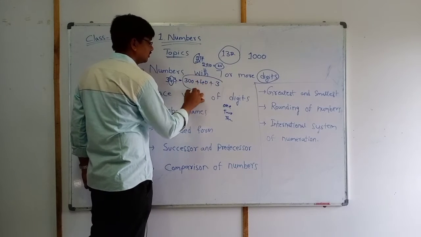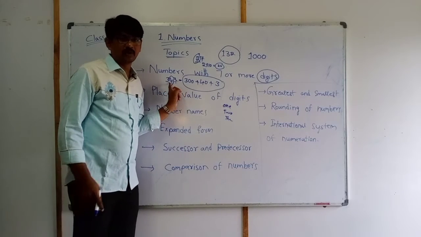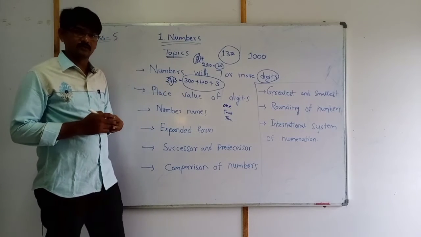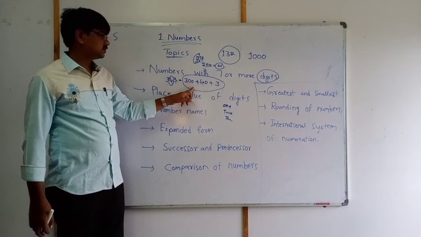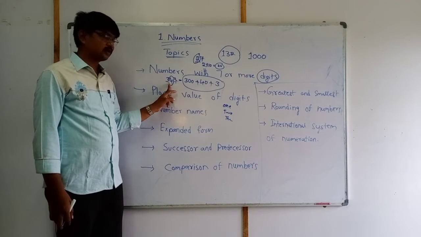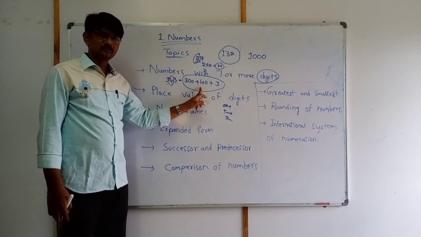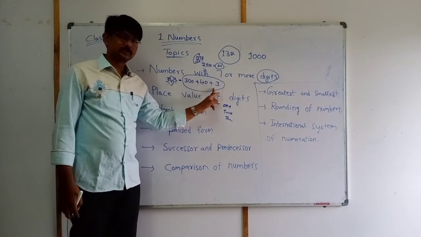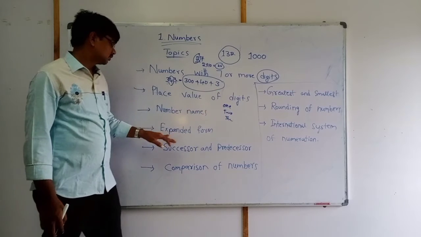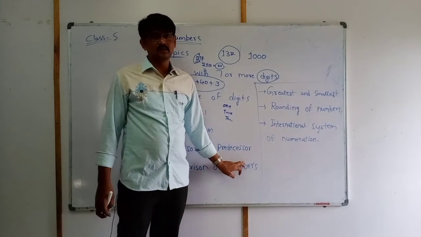This is called expanded form. This is called short form. Do you remember, students? This is expanded form. The numbers will be given in short form, then we should write its expanded form.